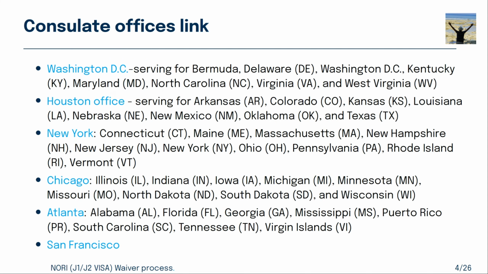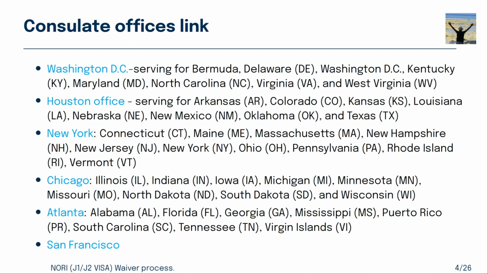For stage one, there are several Indian consulate offices. One major one is in Washington, but apart from that there are six different consulate offices of India available in the USA. Depending on which state you are staying or working in, you apply to the particular consulate office.